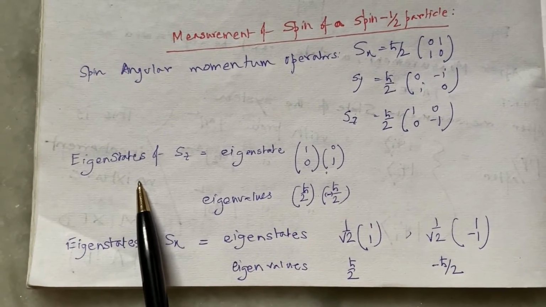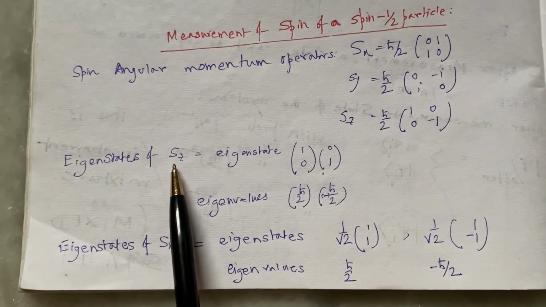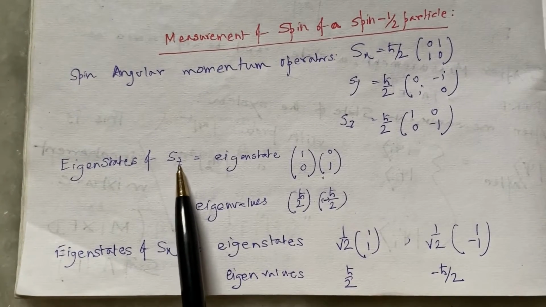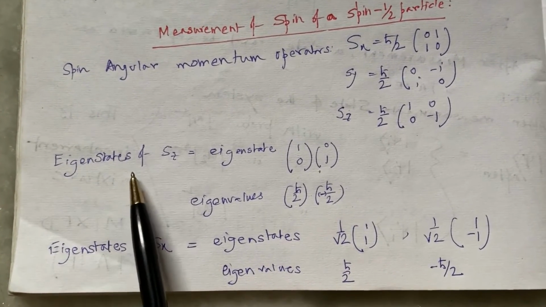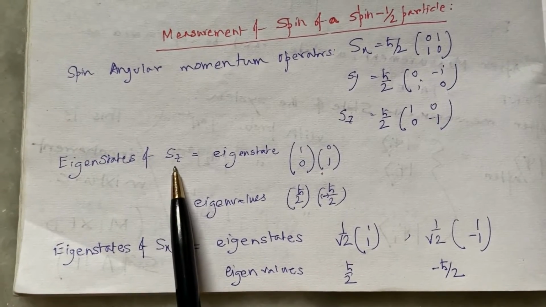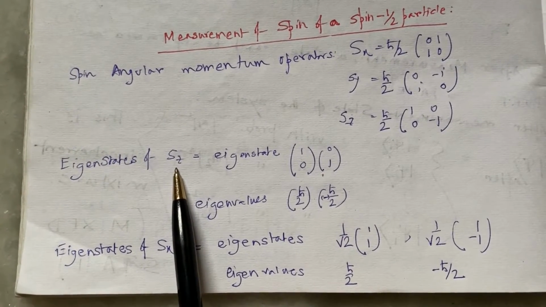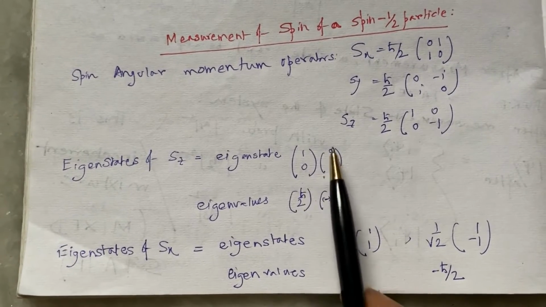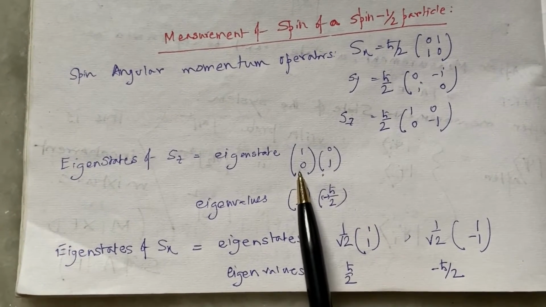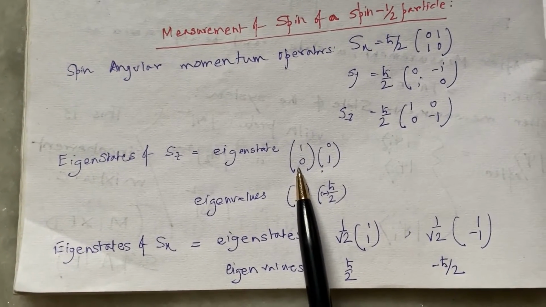Now if we measure spin in the z direction, that is the value of Sz, the eigenstates of this Sz operator are (1, 0) and (0, 1), and this is the up state in the z direction.